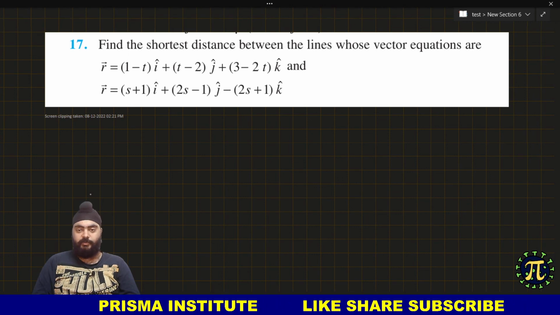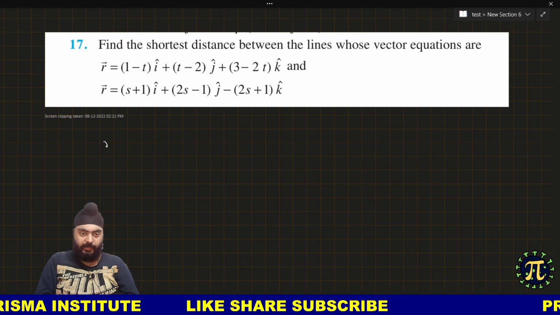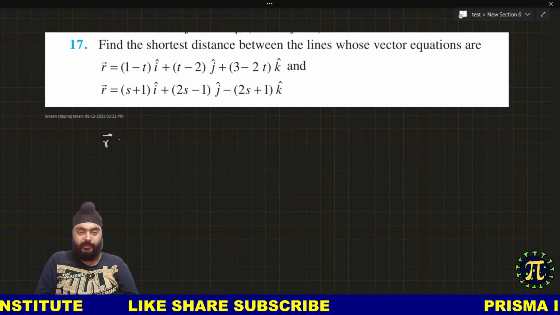Find the shortest distance between the lines whose vectors are these two vectors. So okay. So r vector को पहले हम simplify करेंगे पहले line के equation को.